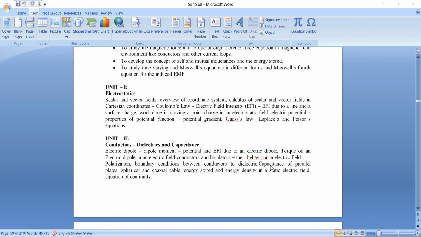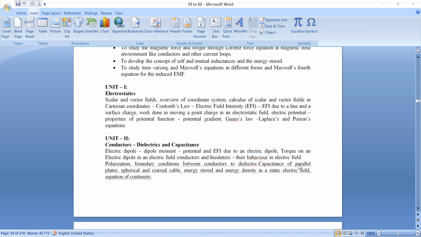And also, what is meant by a capacitor? A capacitor means simply storage of electric field. There are different types of capacitors in shape, like spherical, cylindrical, etc. And in these cases, how the capacitance varies.